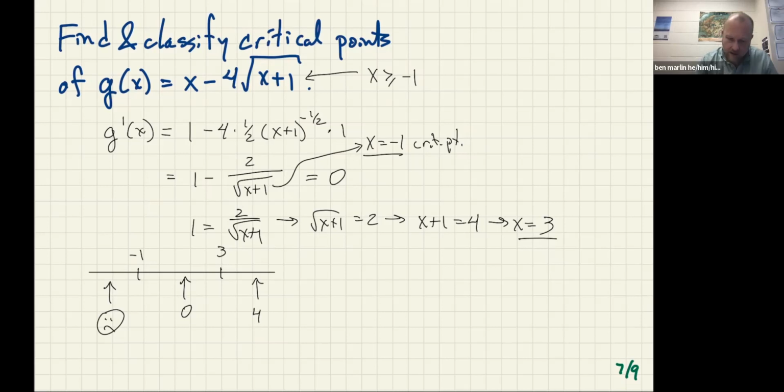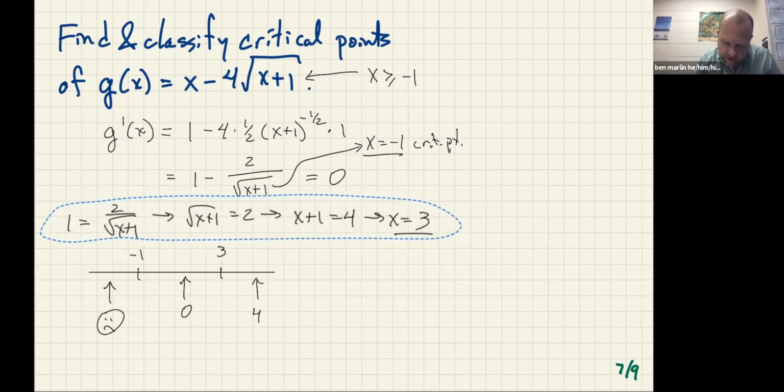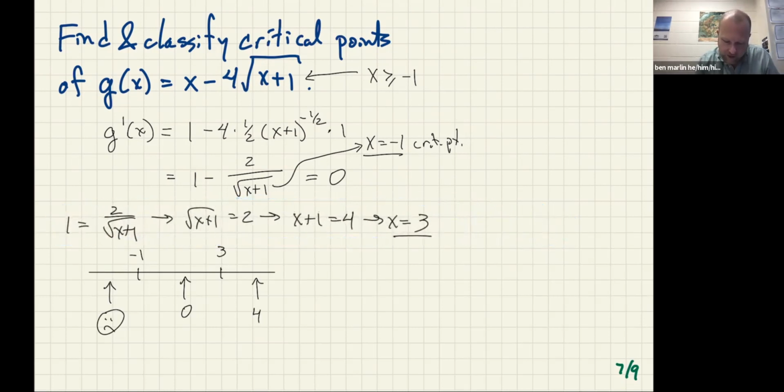All right, I'm going to push some of my work over to the side, just so we have more room to write here. So we will go ahead and say f prime of 0, oh, I meant g prime, sorry, g prime of 0.